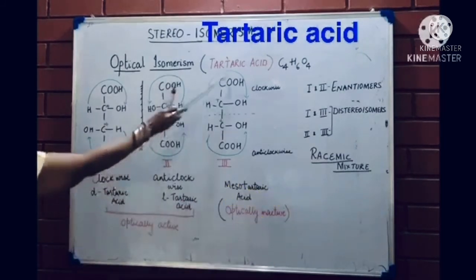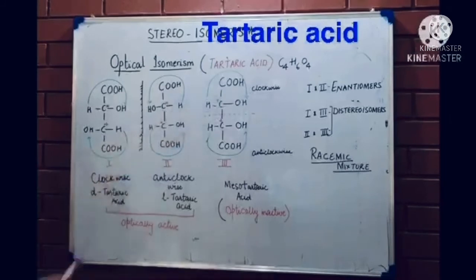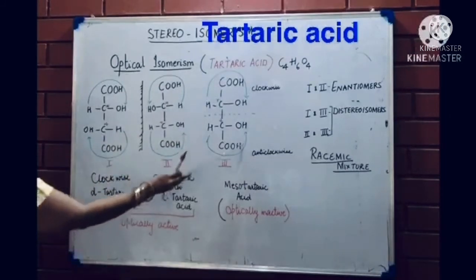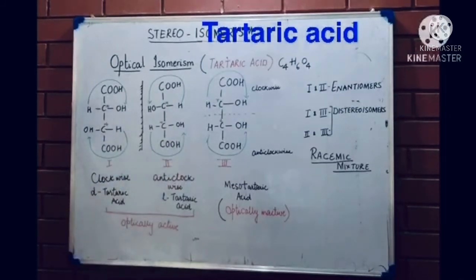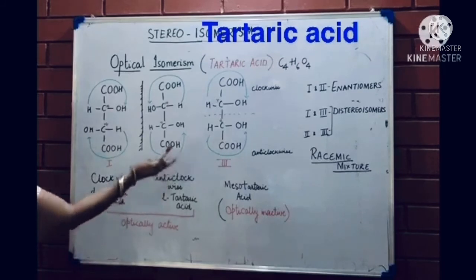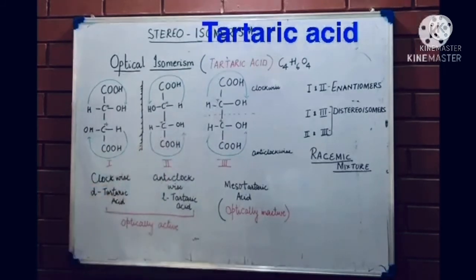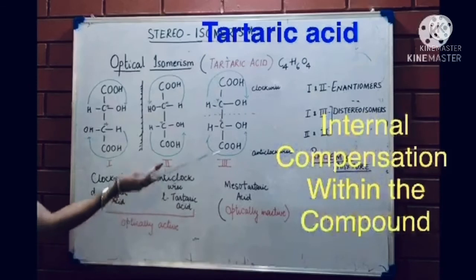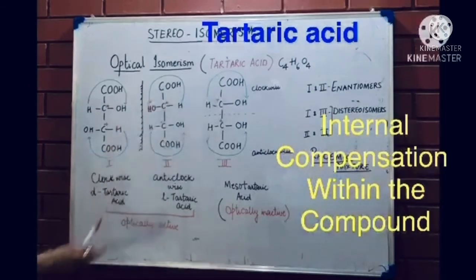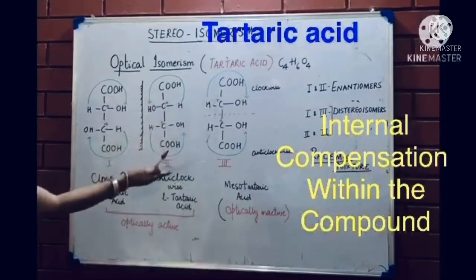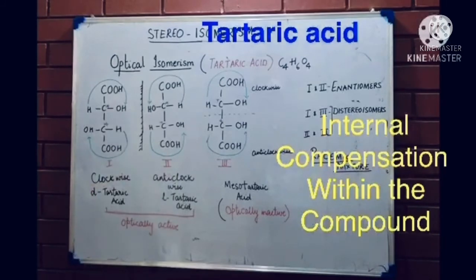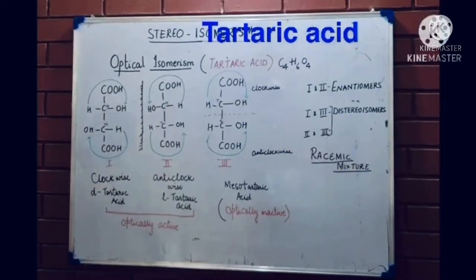Because if I am drawing from the top here, it is clockwise direction. If I move from the bottom, it is anti-clockwise direction. So there is internal compensation. This is called internal compensation, where the molecule's own upper part is compensating the lower part, and so it becomes optically inactive.